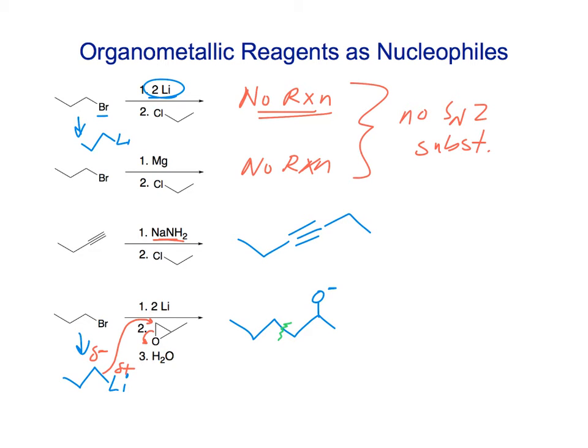We have the propyl group attack the epoxide, open the ring, forming this alkoxide intermediate, and then we add water, and it just protonates the alkoxide, and we get an alcohol. So we've extended the chain and generated an alcohol.